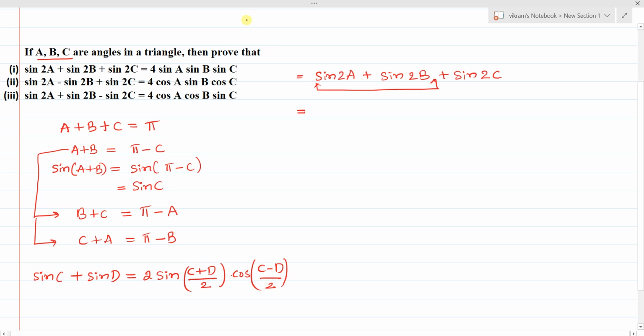Now by applying it to sine 2A plus sine 2B, here C is equal to 2A and D is equal to 2B.